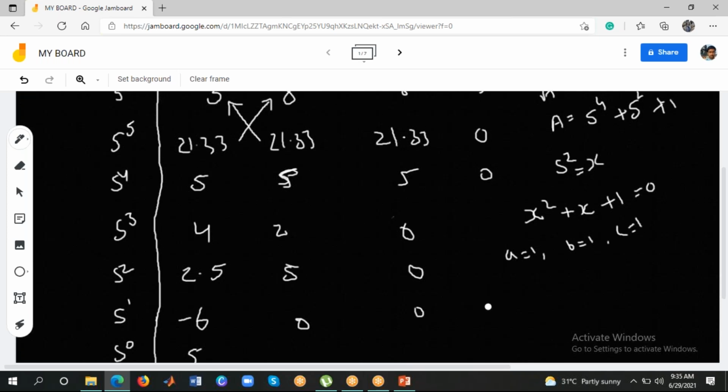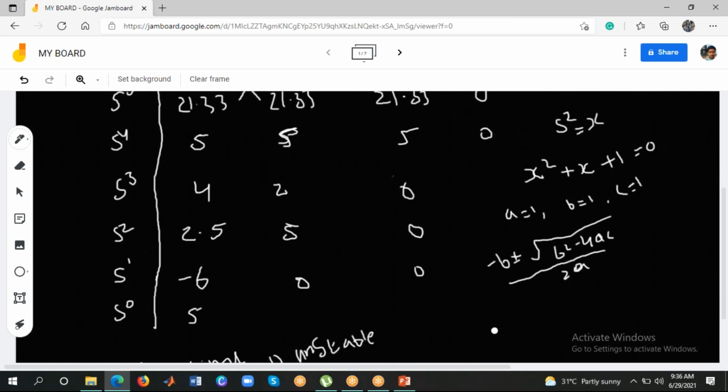The formula for finding the roots is minus b plus or minus square root of b square minus 4ac divided by 2a. So this is the formula for finding the roots.